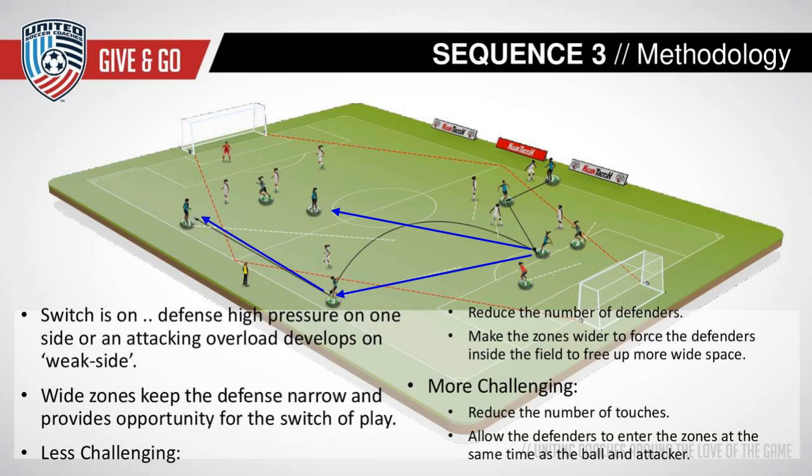So the key is the more we move the ball, the more we move the opponent, and then eventually space will be created. At the highest levels, you have to move the ball a lot more to unsettle a defense. But at the youth level, entry level, grassroots level, if the possession team can move the ball quite effectively, they're probably going to open up a space really quite quickly.